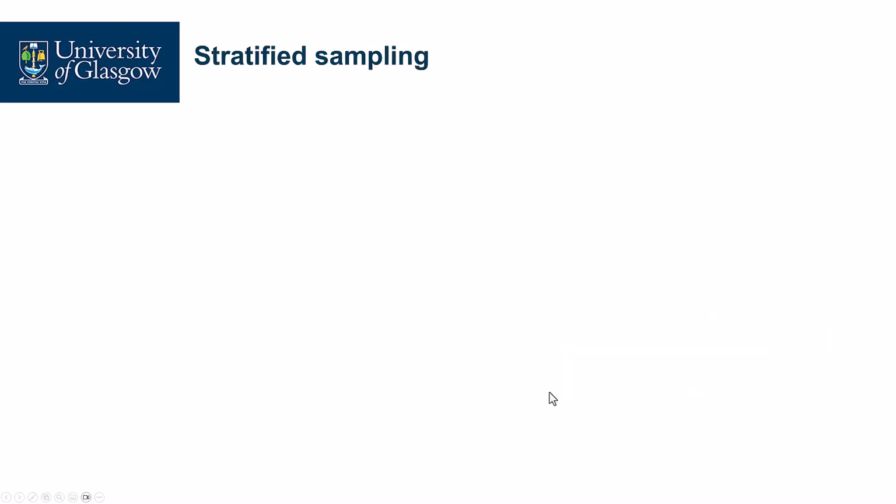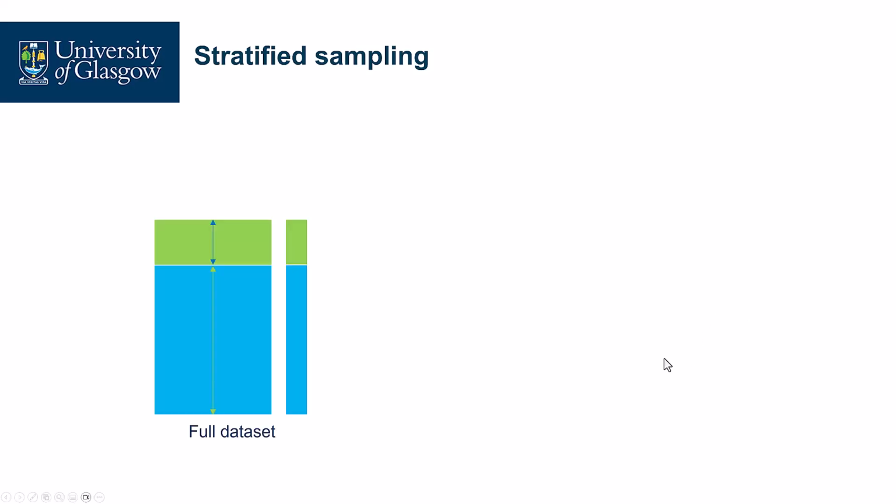One thing to talk about is stratified sampling. In real applications, in many cases, for example a classification problem, I have two classes, but they are not divided equally. So the class A data is much more than the class B data, right?